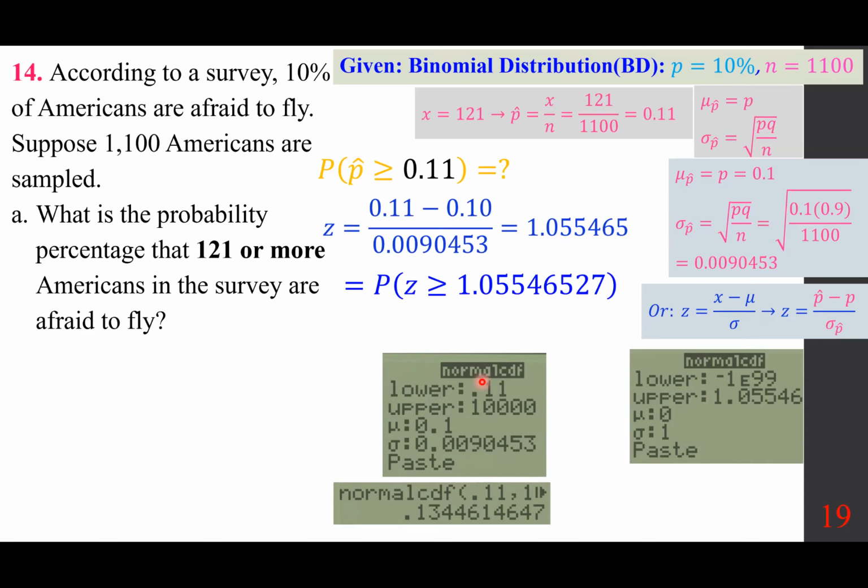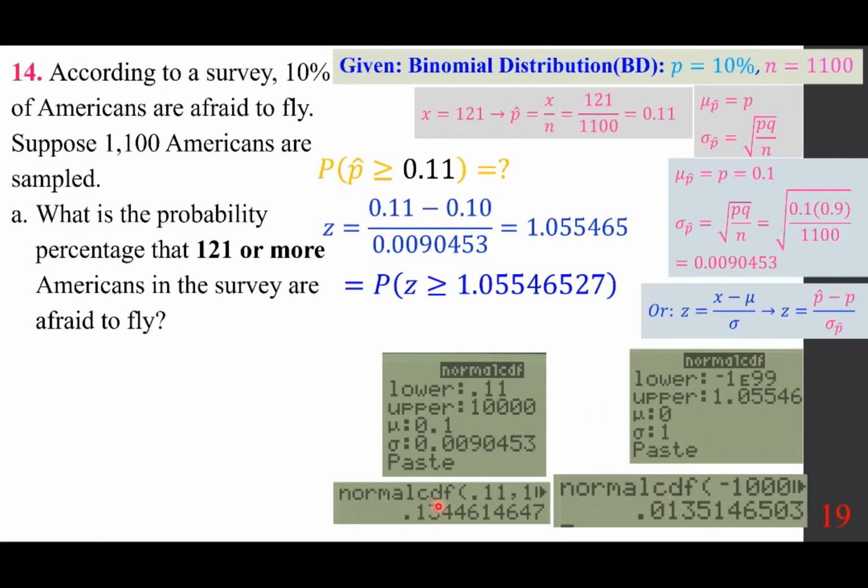Using the same normal CDF, but mu is 0, sigma is 1. In other words, the Z score, the standard normal distribution, gives us the same answer as we had here. Maybe slightly different due to how many decimals we're using in the first place. As you can see, the two answers are the same.